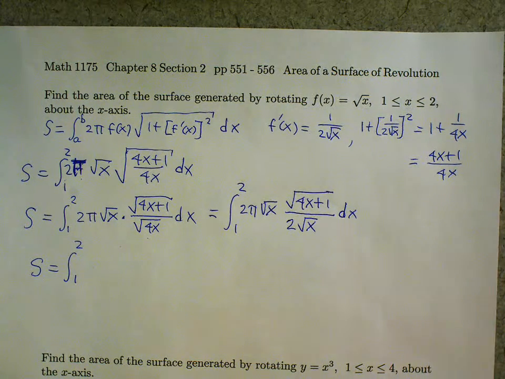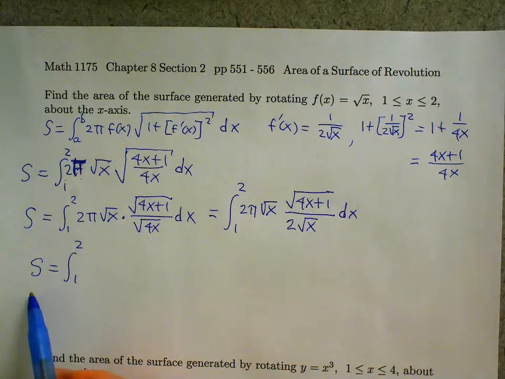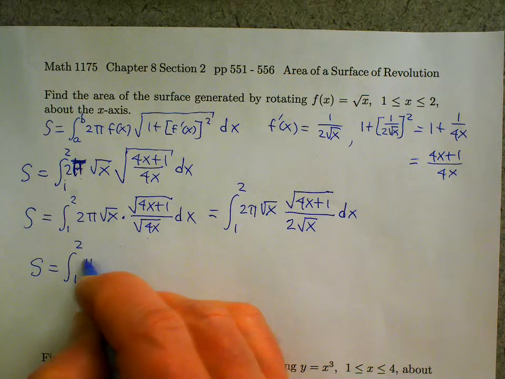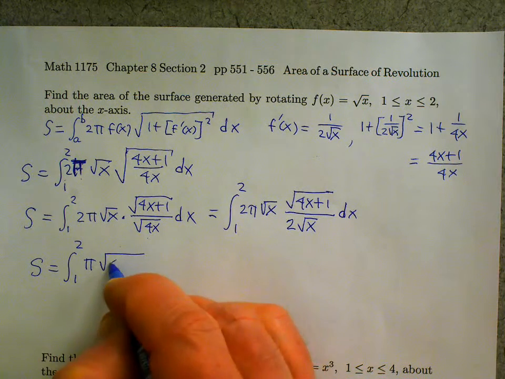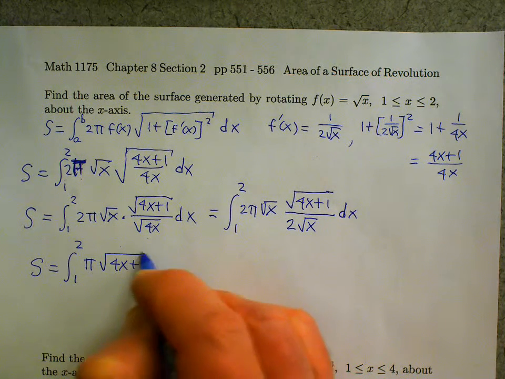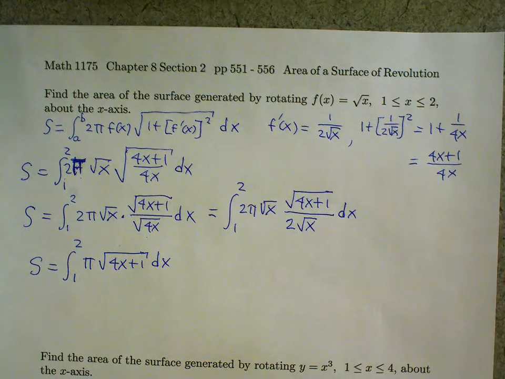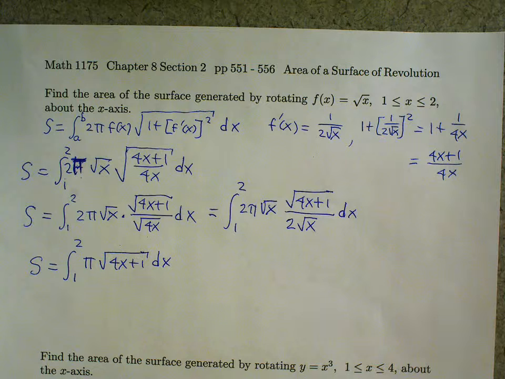So this becomes the definite integral of pi times the square root of 4x plus 1 dx from x equals 1 to x equals 2. Okay, what's the next step?